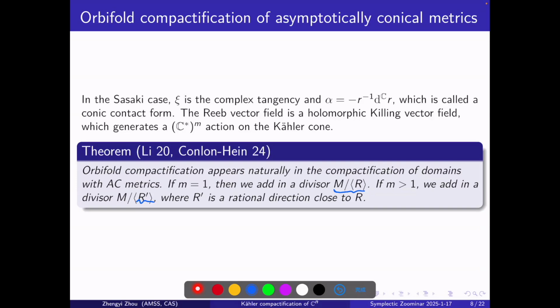But with this perturbation, the estimates in the compactification will be slightly worse than for the regular case, which is the m equals 1 case. That's the reason why we care about orbifold compactification, because it's natural for all these asymptotically conical metrics. So the question is, why do we care about asymptotically conic metrics?